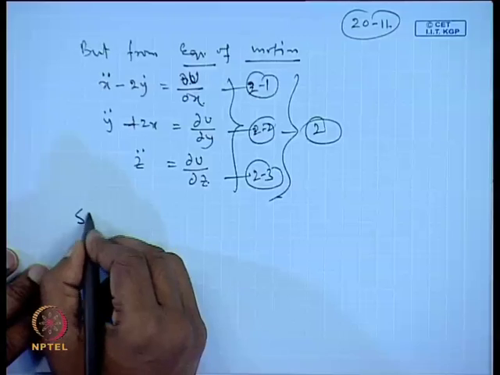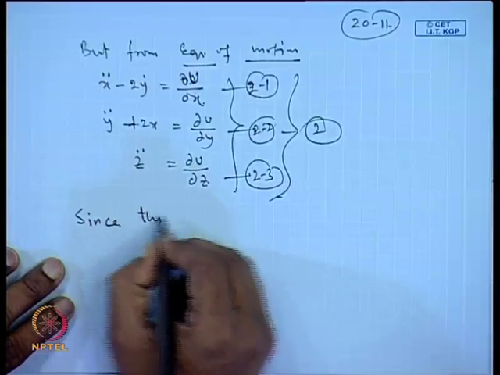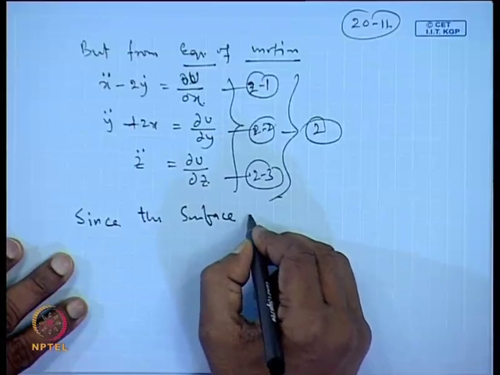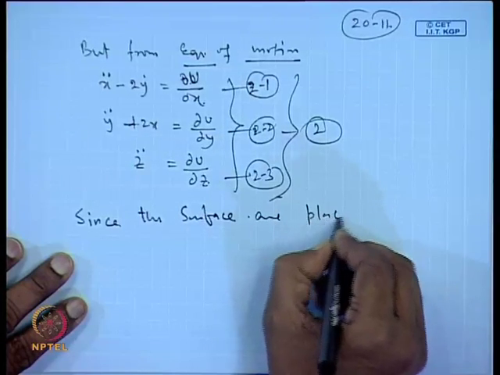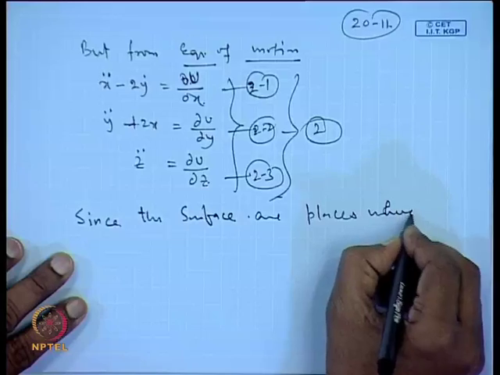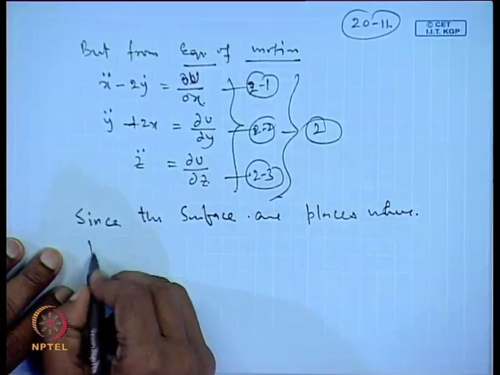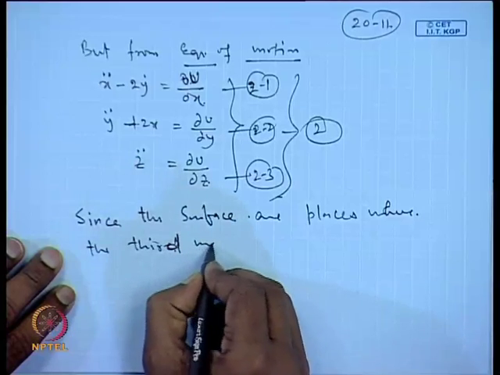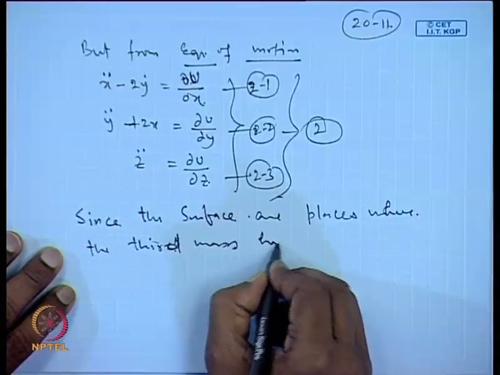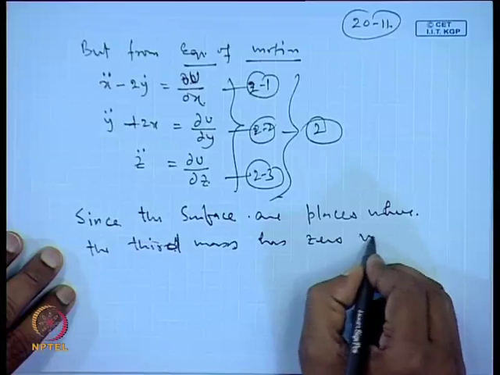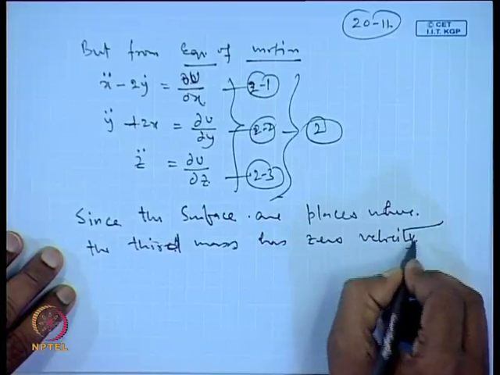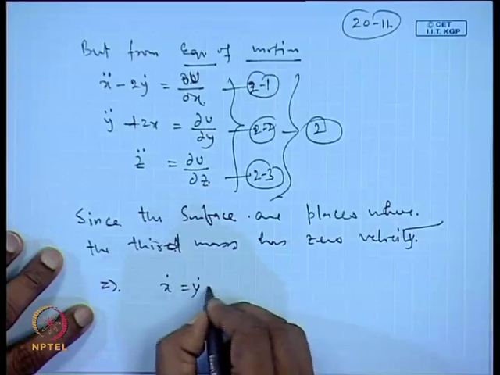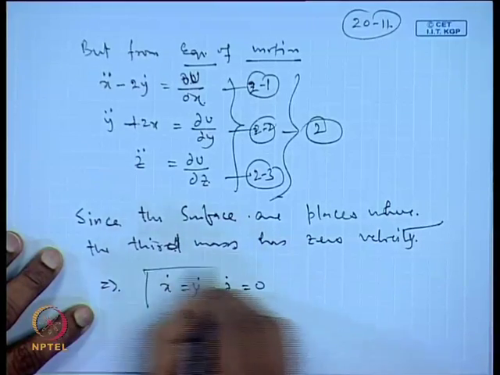Okay. Since the surface that we are defining consists of places where the third mass has 0 velocity, this implies x dot equal to y dot equal to z dot equal to 0, that we have already stated.